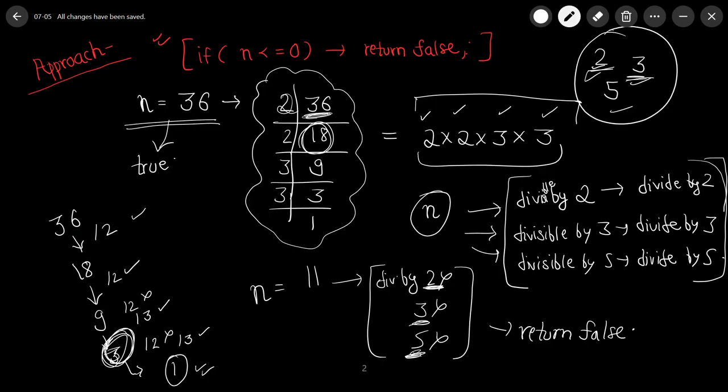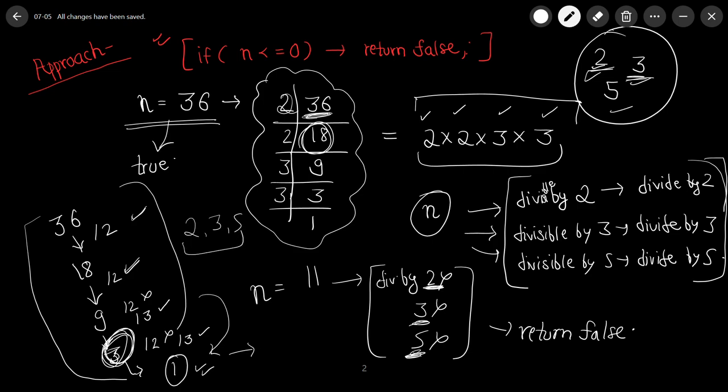If we repeated our process and eventually got 1 at the end, that means our number was ugly, because at each step one of 2, 3 or 5 was able to divide our number. Had it been the opposite case, where none of them were able to divide our n, then as told here, we would directly return false.